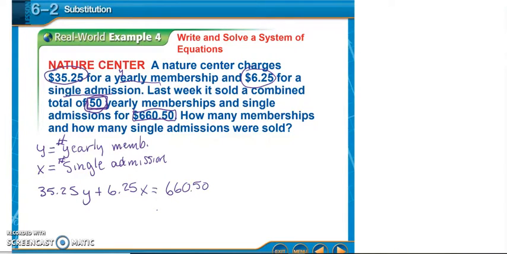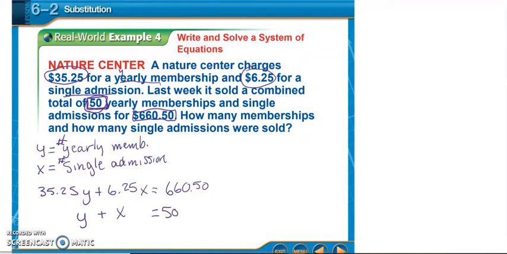The second equation has to do with the other total, the 50. This is a total of 50 memberships, and we're buying either a yearly membership or a single admission. Those are the two things we're comparing. So we put Y to represent the number of yearly memberships, plus single admission, which we chose the letter X for.